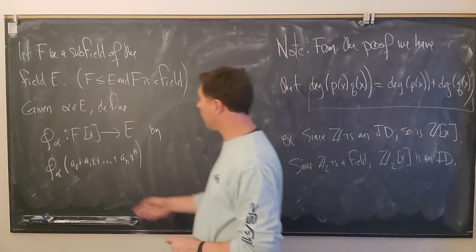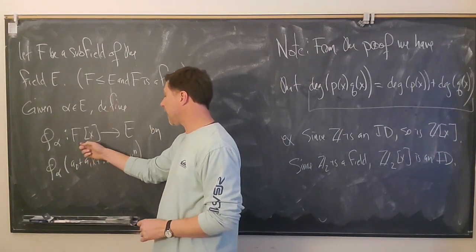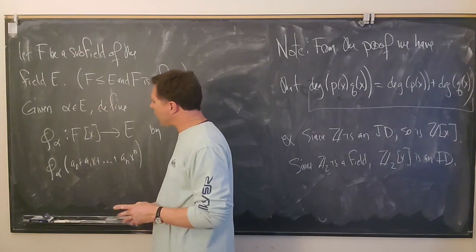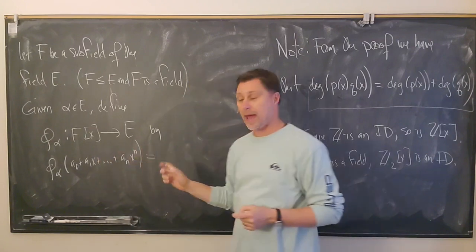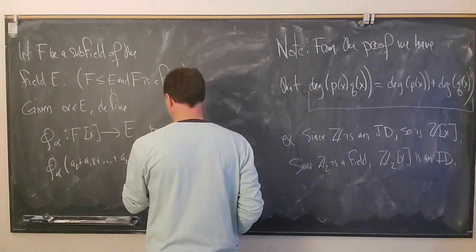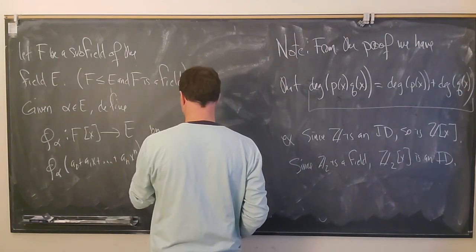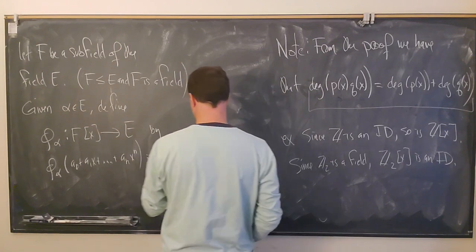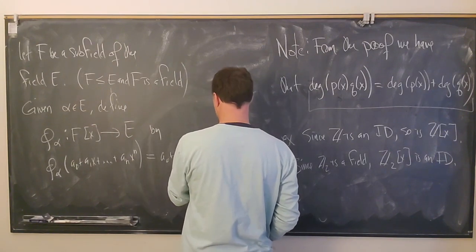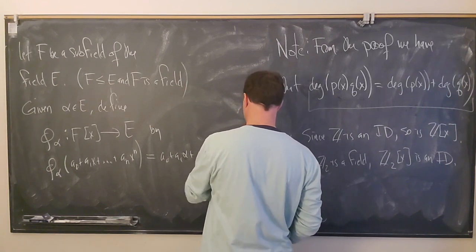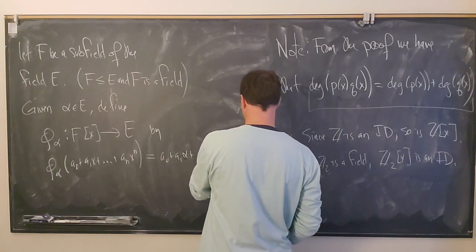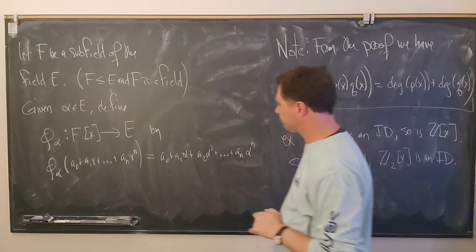Right, so I'm going to plug in a polynomial from F bracket x. And we're going to do the obvious thing. What I want to do is plug alpha in for x. So this is going to be a0 plus a1 alpha plus a2 alpha squared plus dot dot dot plus a sub n alpha raised to the nth power.